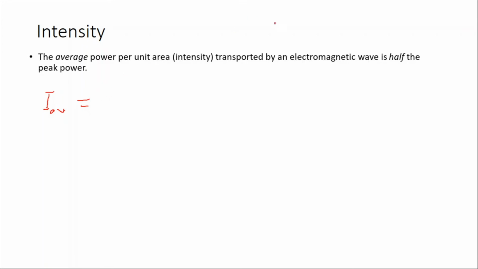Remember, we found from the Poynting vector epsilon 0 E squared times c, but this is a changing energy. Here the electric field is changing. We are now going to locate the average power. I explained that the average is equal to half of the maximum. So here I'm going to write c times epsilon 0 E max squared divided by 2. This is the average power per unit area.